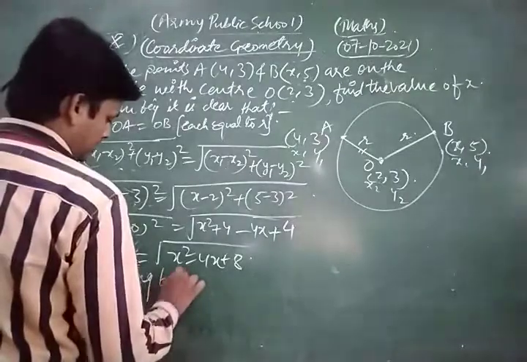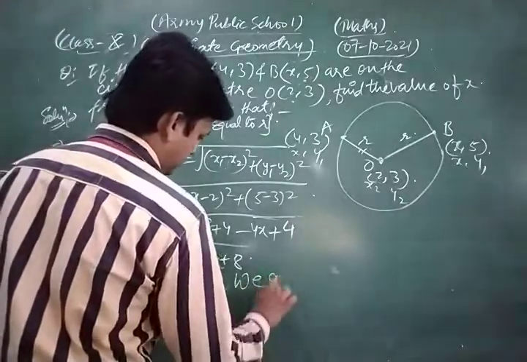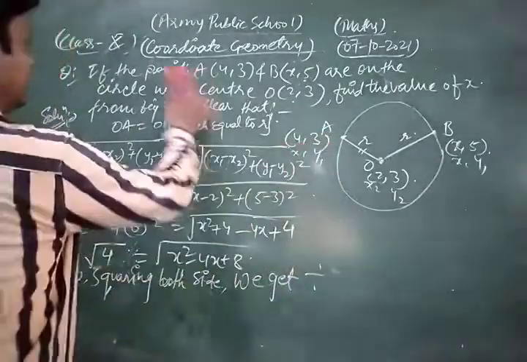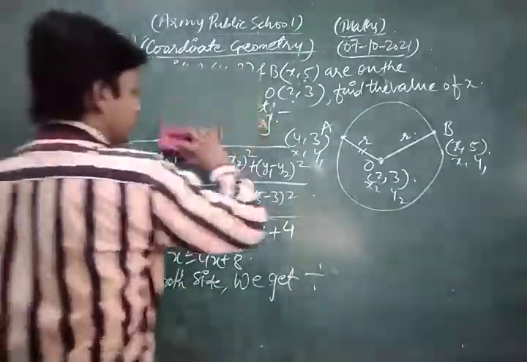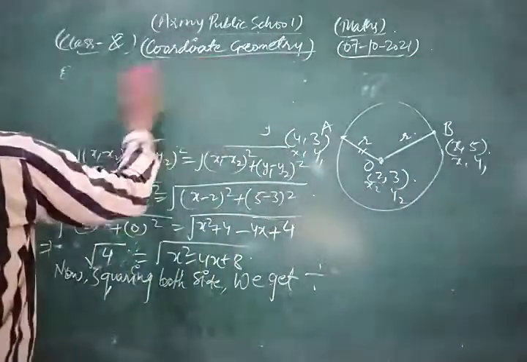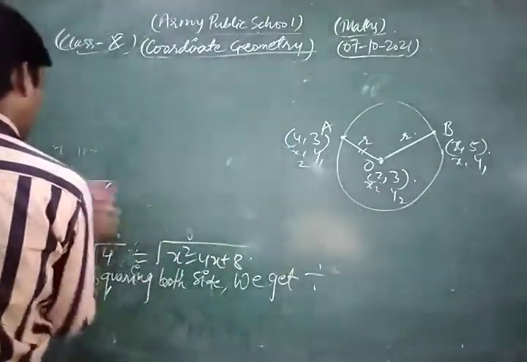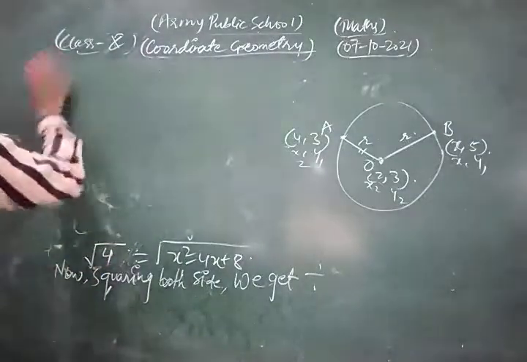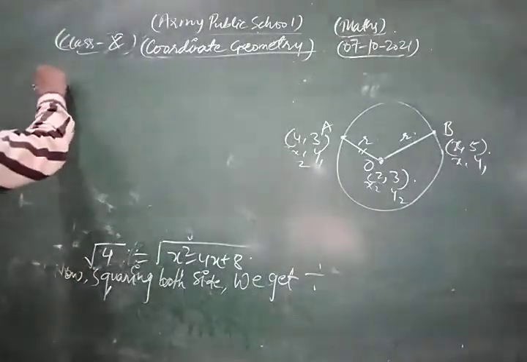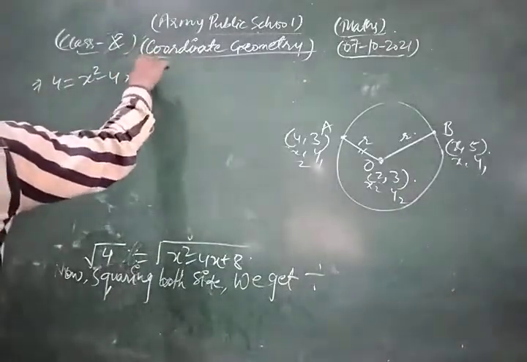Squaring both sides, we get 4 is equal to x square minus 4x plus 8.